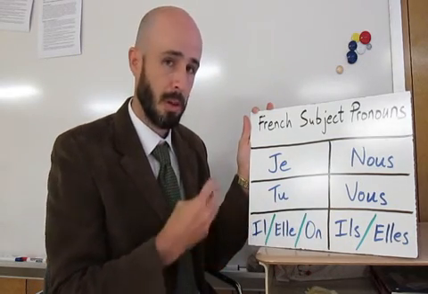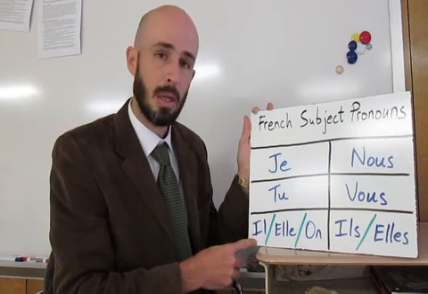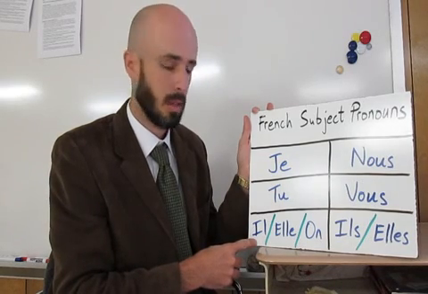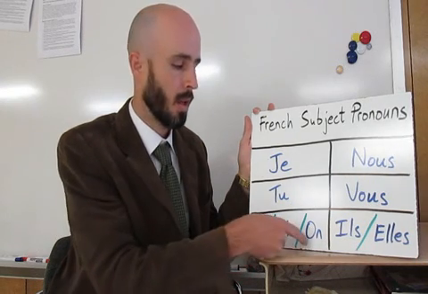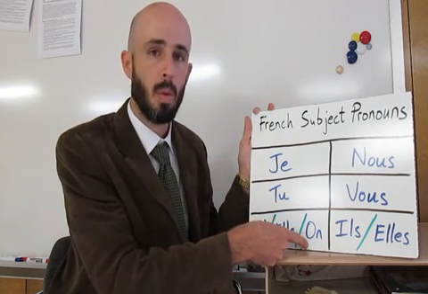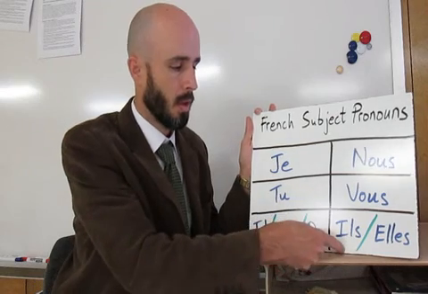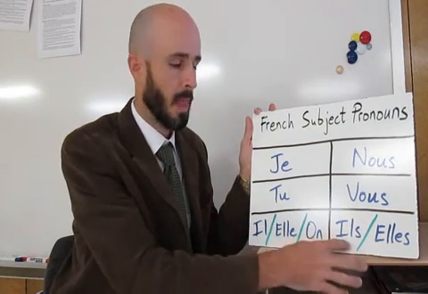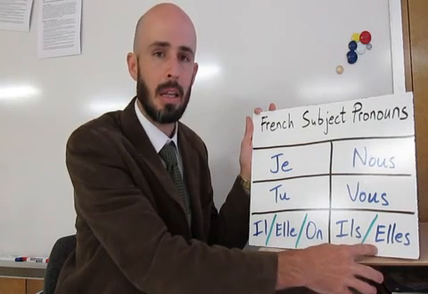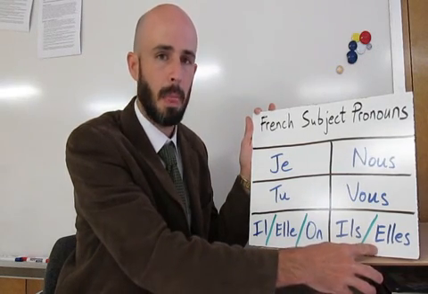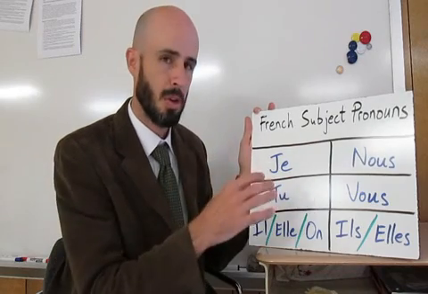Now, third person singular has three forms: il, elle, and on. Third person plural, we have two forms: ils and elles.